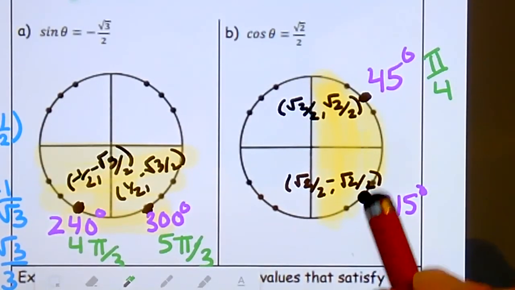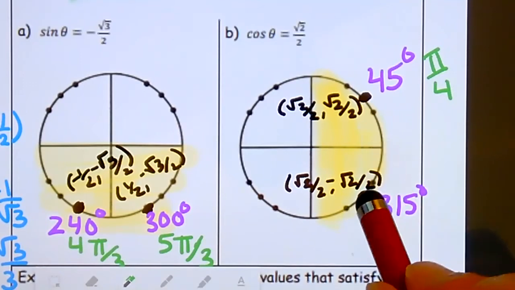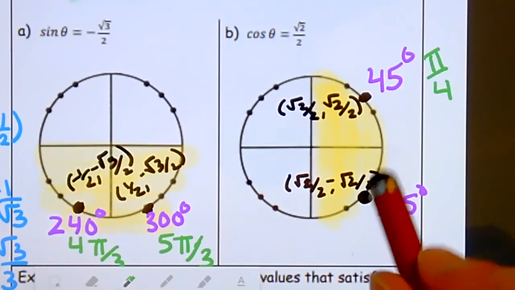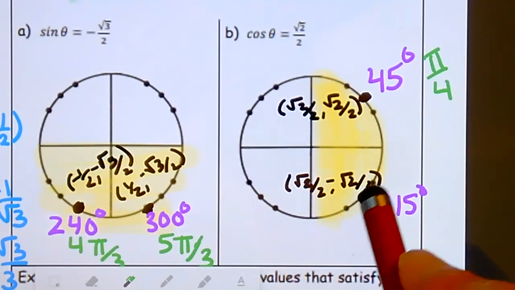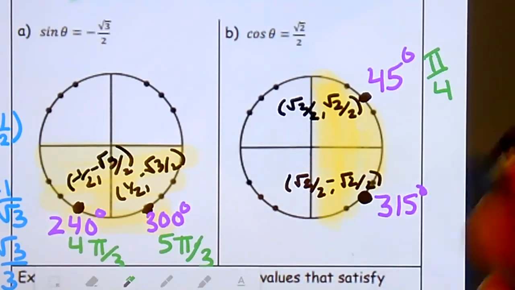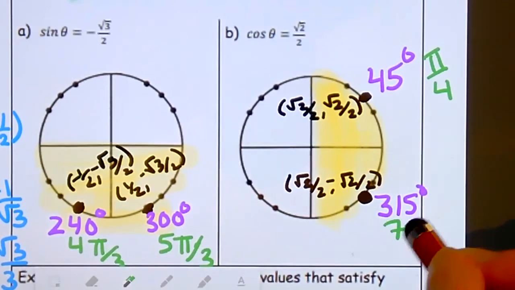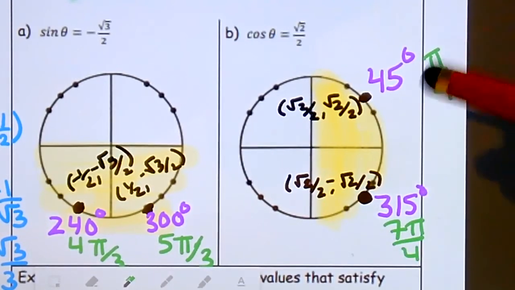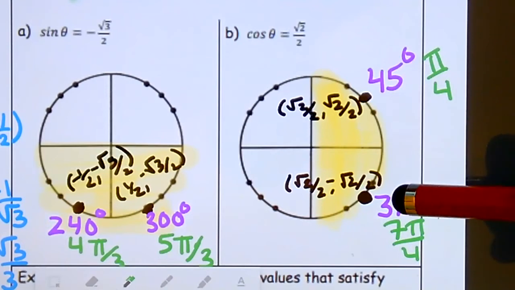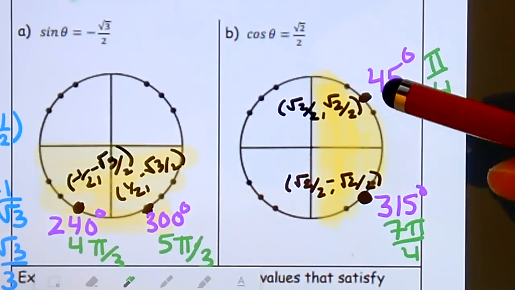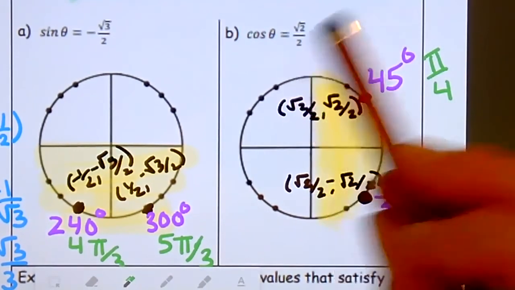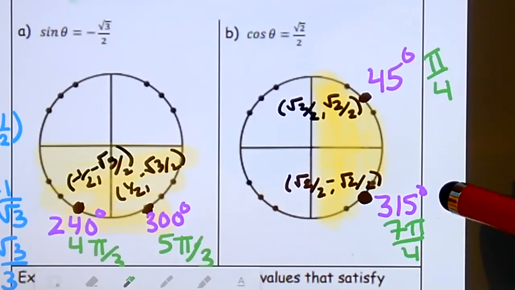And in radians, I'm 1/4 off of this. So all the way would be 4 pi fourths. All the way back to here would be 8 pi fourths. So this is 7 pi fourths. So again, I have 2 answers in degrees, and then I also have the 2 answers in radians. And both of these would give me this as my cosine, and same with the green ones.